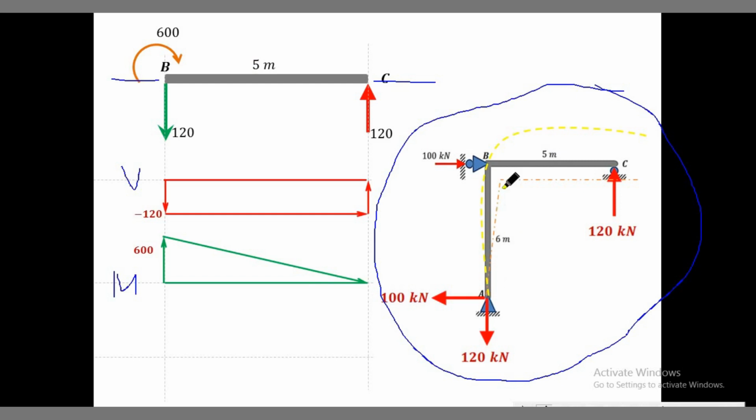Pwedeng mag-deflect yung frame, ang magiging itsura ay yung parang dito sa may red na broken line, or pwede rin namang parang dito sa may yellow na broken line. So we can determine kung yung red ba or yung yellow pagdating natin sa deflection. I think sa finals na yun. So ito yung ating kumbaga magiging itsura, either of these two.